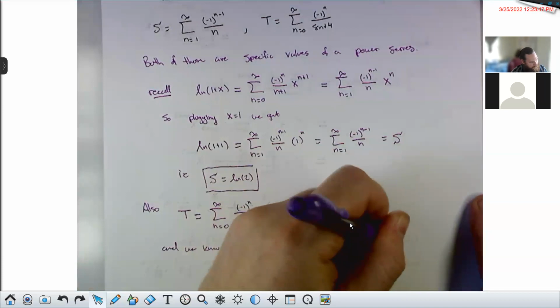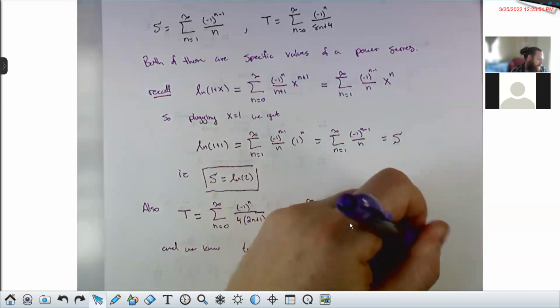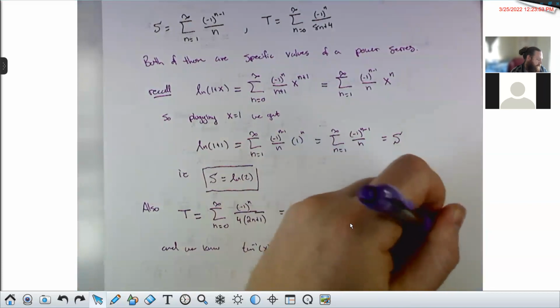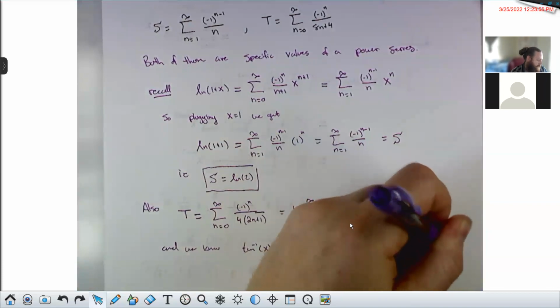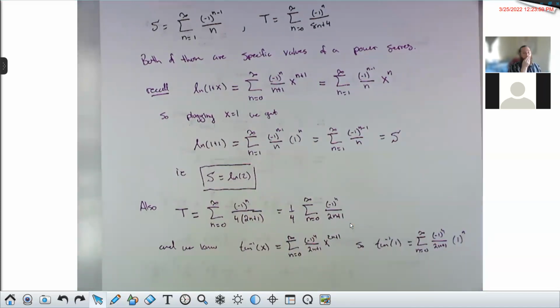So the inverse tangent of 1 is sigma n from 0 to infinity, negative 1 to the n over 2n plus 1 times 1 to the n, which is this guy, because 1 to the n is just 1.